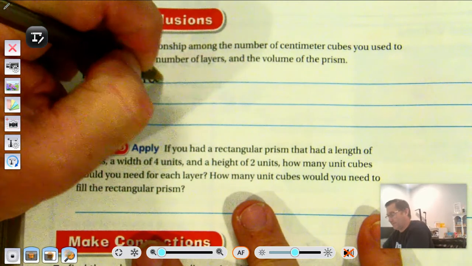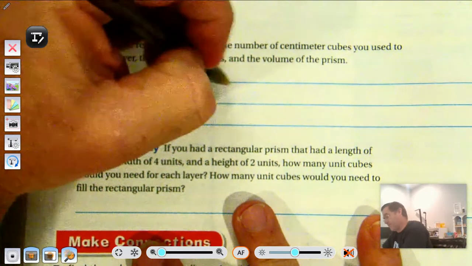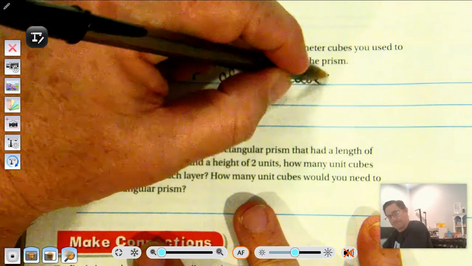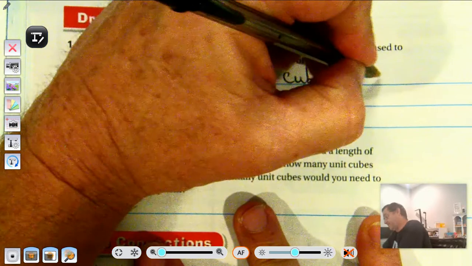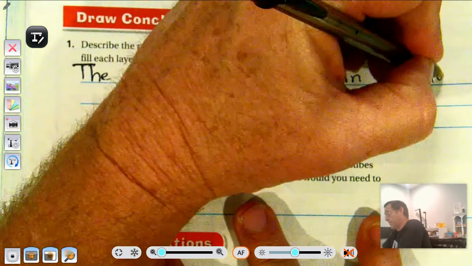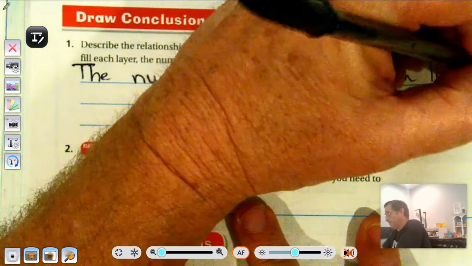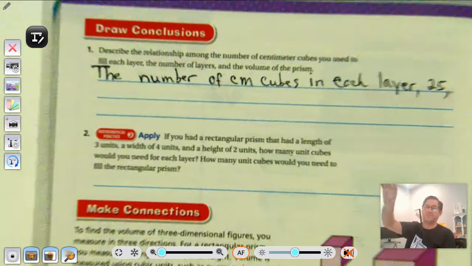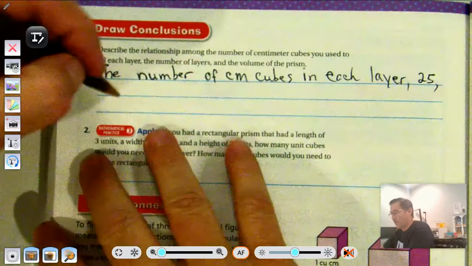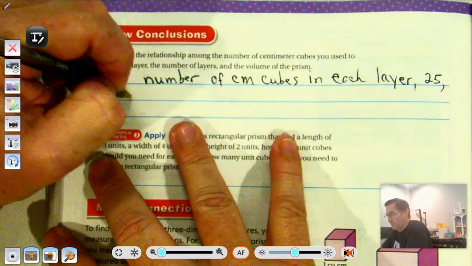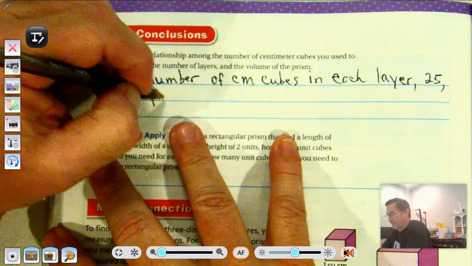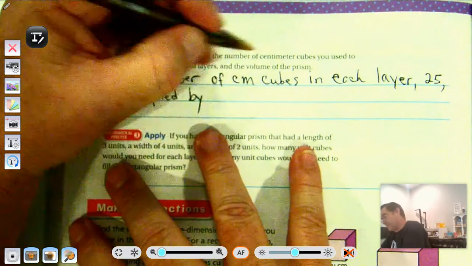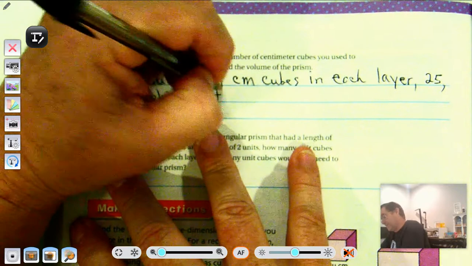We said the number of centimeter cubes in each layer, which was 25, right? Each layer had 25 cubes, is multiplied. I multiplied that by 5, or by the number of layers.